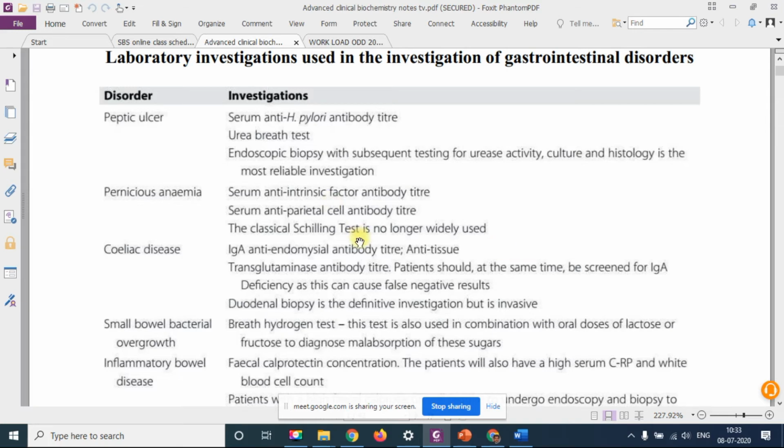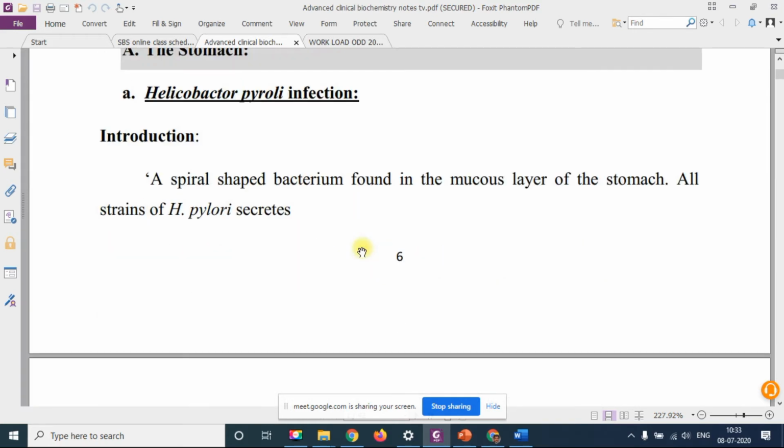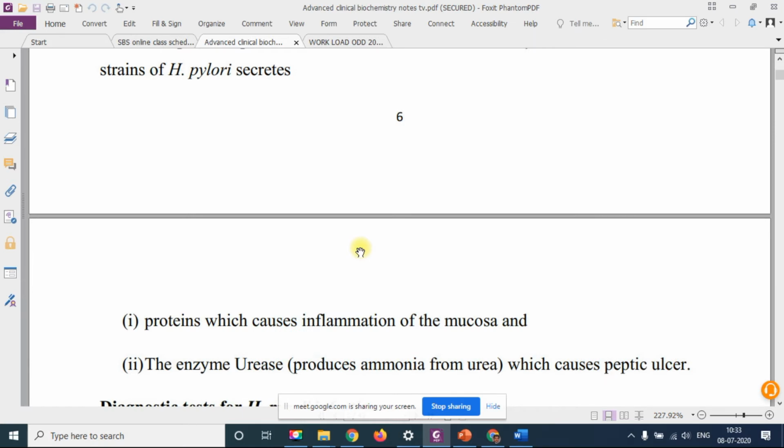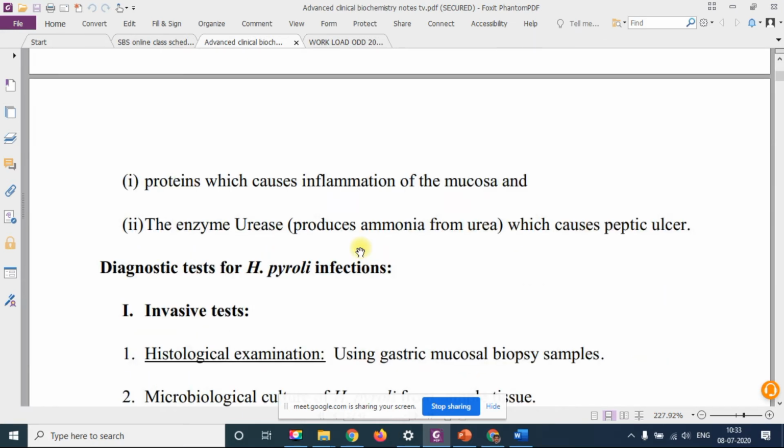So we can go with H. pylori infection. What is H. pylori? A spiral shaped bacterium found in the mucous layer of the stomach in infected patients. It is not present in all persons, only in infected persons. H. pylori secretes proteins which cause inflammation.